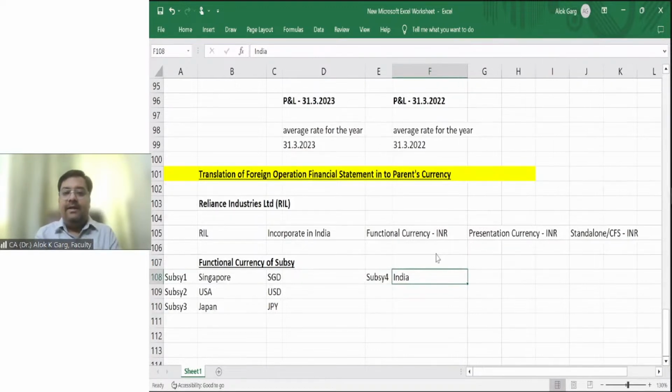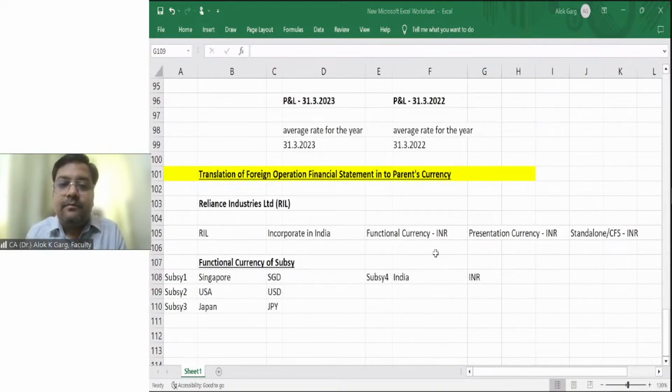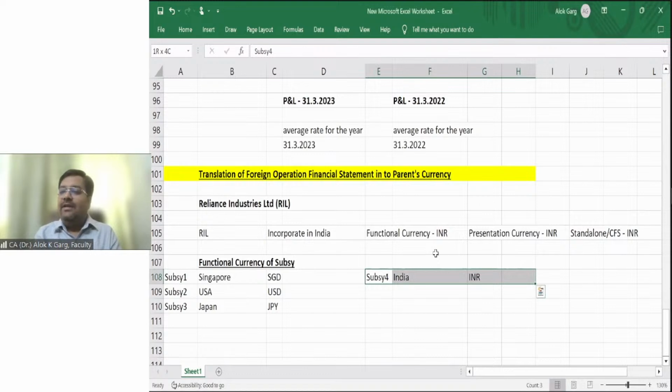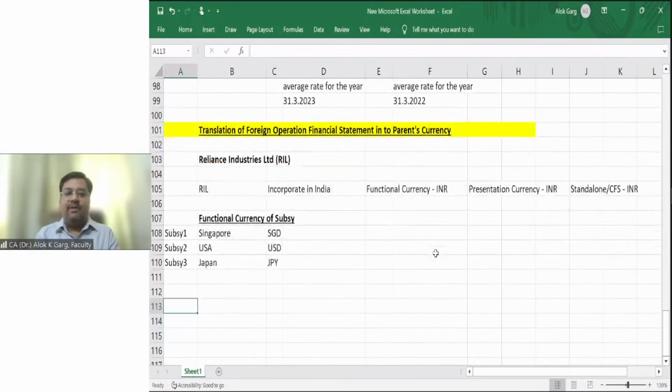Of course, its functional currency is INR. Now, friends, since there is an Indian subsidiary, there is no issue. But what about the foreign currency subsidiaries? For the Indian subsidiary, there is no issue. Just forget about this. Let's talk about these entities, these foreign currency subsidiaries.